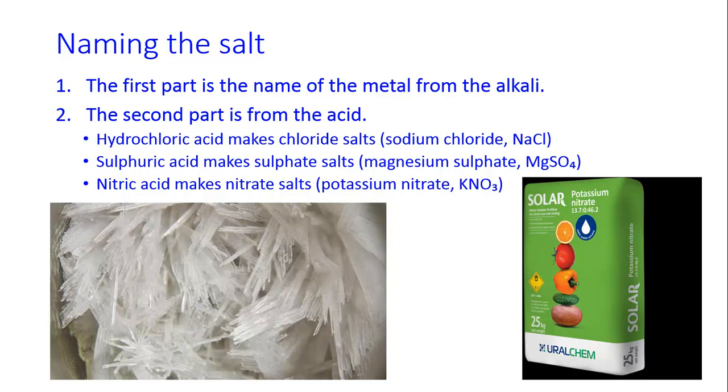The picture on the bottom there, interestingly enough, is KNO3, potassium nitrate. And there's a commercial product on the right, potassium nitrate, which helps plants grow. It helps root growth, seed growth, and also fruit growth.